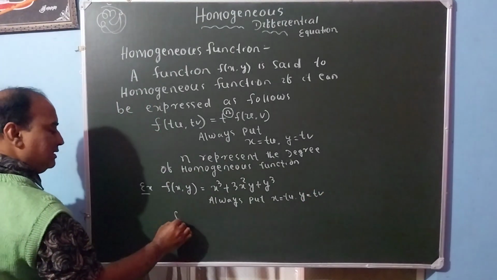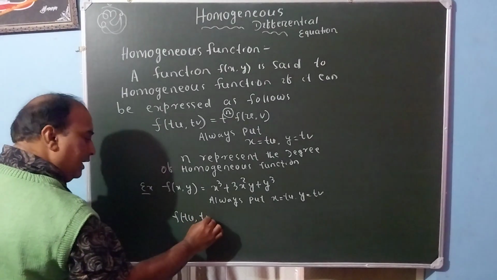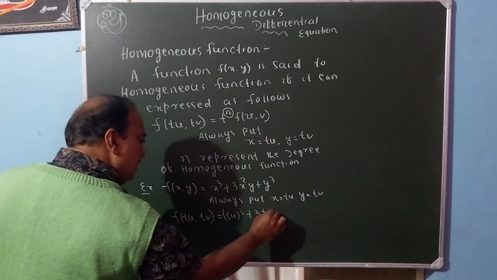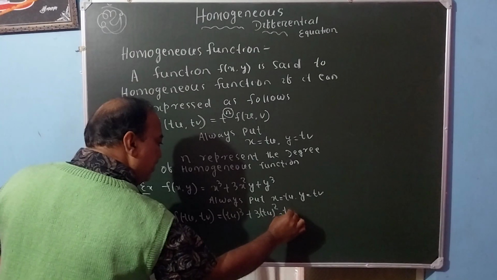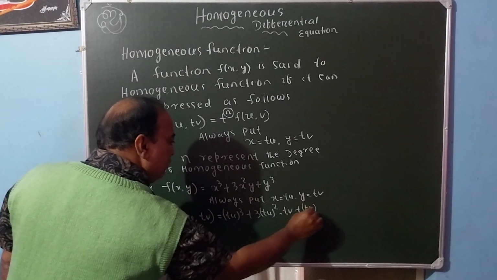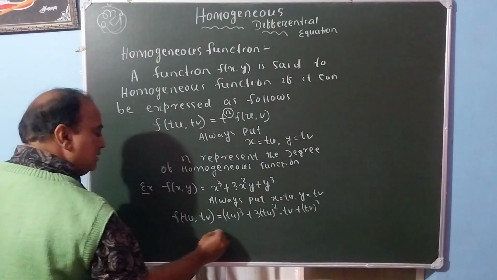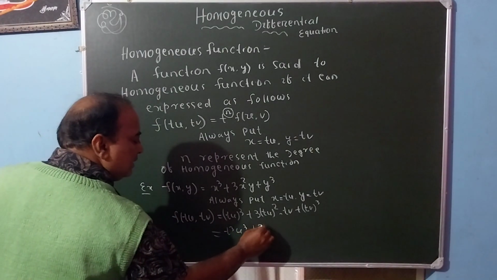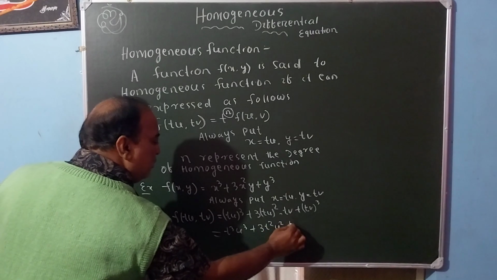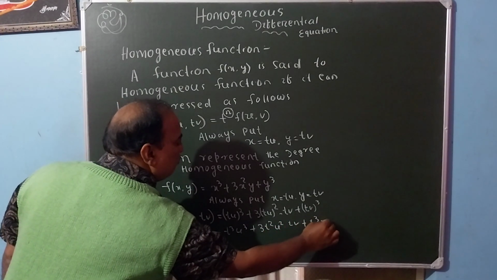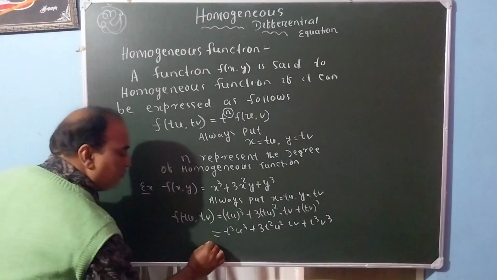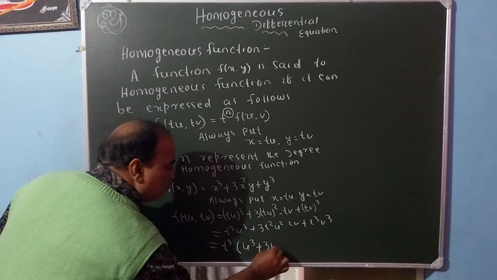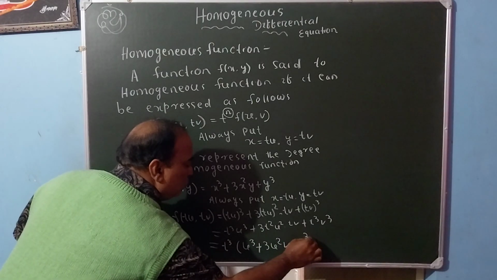So it can be written as f(tu, tv) = (tu)^3 + 3(tu)^2 (tv) + (tv)^3, which is t^3 u^3 + 3t^2 u^2 t v + t^3 v^3. Now t^3 is common, so you get t^3 (u^3 + 3u^2 v + v^3).